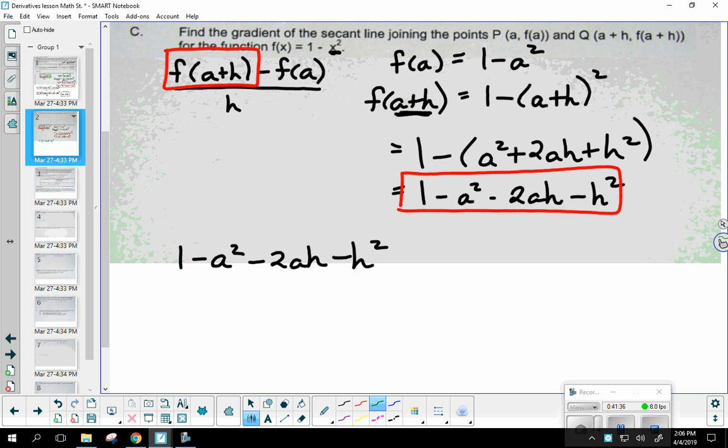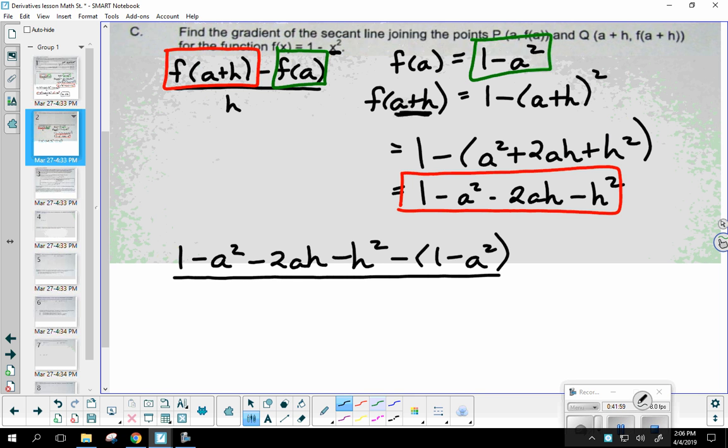Now, I need to subtract f of a. Well, f of a is right here. I'm just going to plug that in. So I'm actually subtracting 1 minus a squared. See, it's f of a plus h minus f of a. Is everybody okay with what I'm doing? Okay. And it's all over what? All over h.